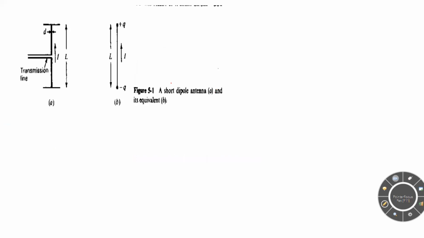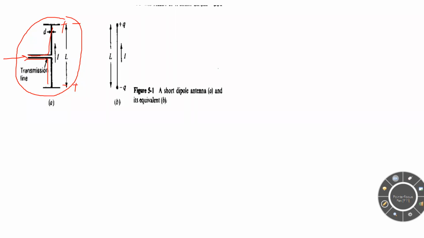So this is what we discussed previously. This is how the dipole will be. It will have two thin wires placed in this form, and there will be a source applied to this antenna. Based on that source, we'll have either a plus charge here or a minus charge here, or it might be minus here and plus here, depending on whether it is the positive half cycle or negative half cycle of the supply you are giving.